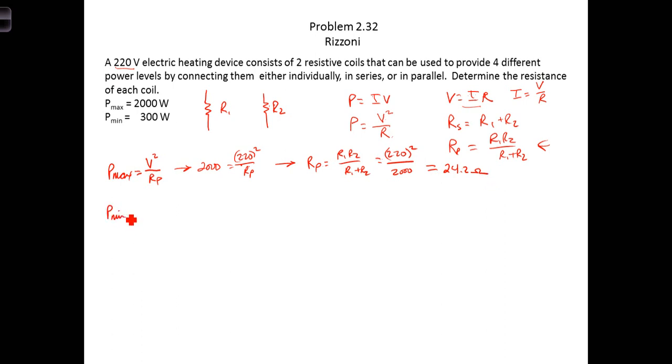Similarly, the minimum power is going to equal V squared divided by the largest resistance possible, which is R sub S. And we're told that minimum power is 300 watts, which will then equal 220 squared divided by R sub S. Solving for R sub S, which is just equal to the sum of the two, R1 plus R2, we get 220 squared divided by 300.